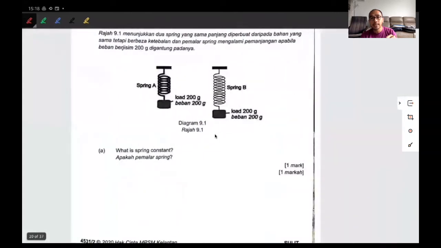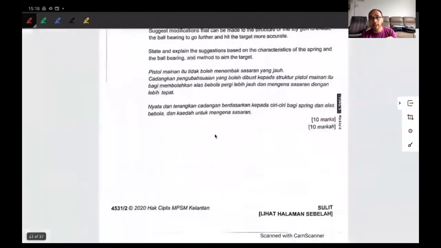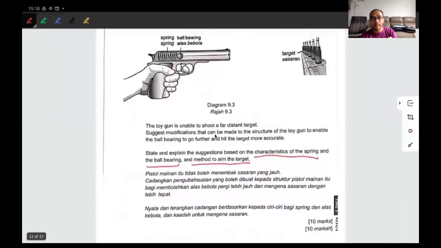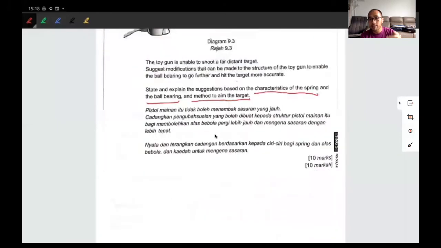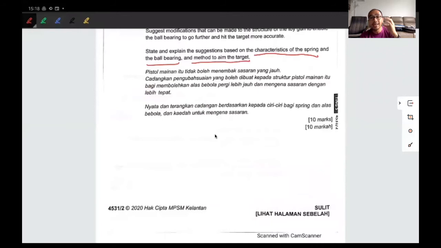How is the spring going to make the ball go further? You need to have a spring with a bigger spring constant. So that will be point number 1. How do you get the bigger spring constant? The thickness of the wire. Increase the thickness of the wire.